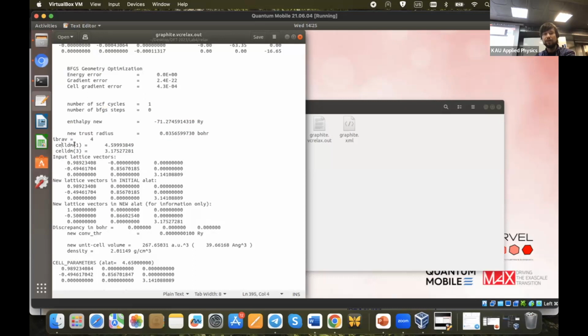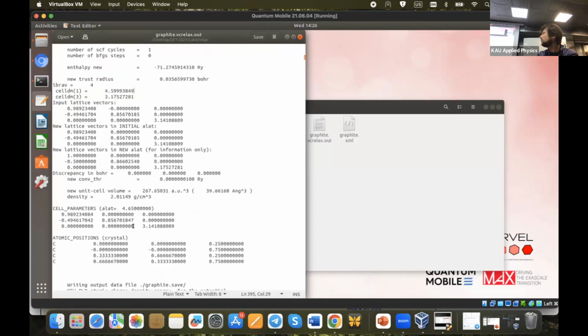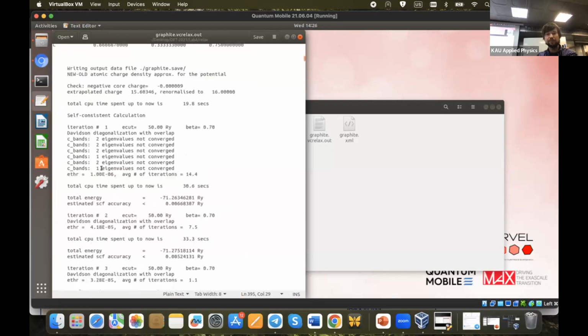BFGS step: we change CLDM1 and CLDM3. It was, if you remember, something like 4.67 and 3.15, but we changed it slightly, and input lattice vectors were also changed, and we make another calculation with these new parameters: lattice parameters and atomic positions, but atomic positions weren't changed because we deal only with the cell.